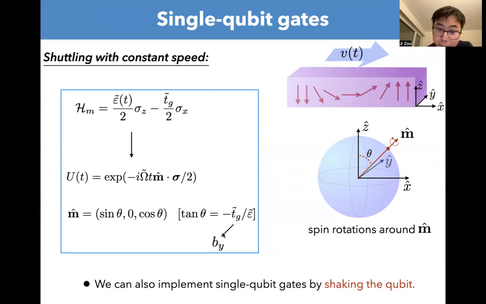So by tuning this By and also the shuttling speed or the Bx, we can change this angle theta. Okay, we can also implement this single qubit gate by shaking this qubit, or this domain wall, within the racetrack.